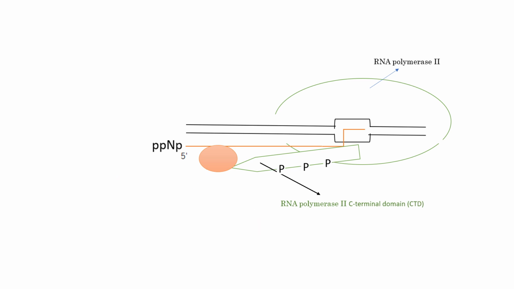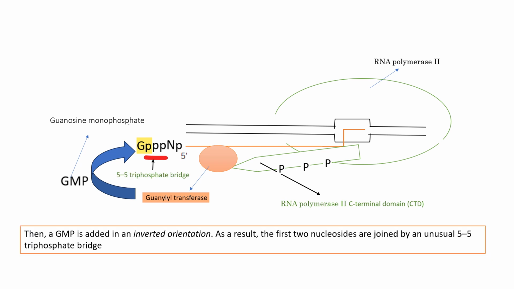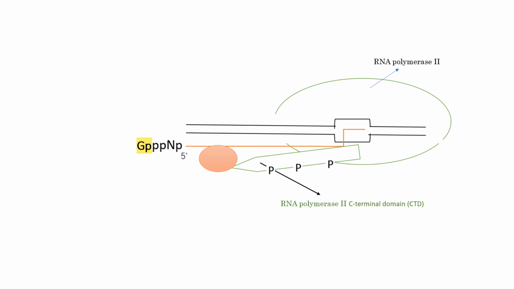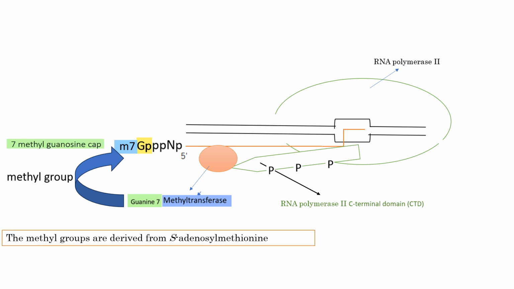In the next step, the enzyme guanylyl transferase adds a guanosine monophosphate residue in an inverted orientation to form an unusual 5' triphosphate bridge. In the next step, guanine 7-methyltransferase adds a methyl group to the 7th position of the guanosine base to form the 7-methylguanosine cap. The methyl groups are derived from S-adenosylmethionine.